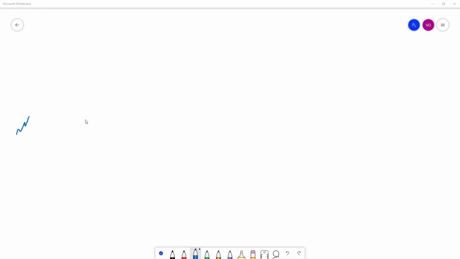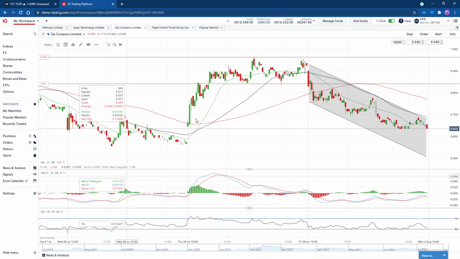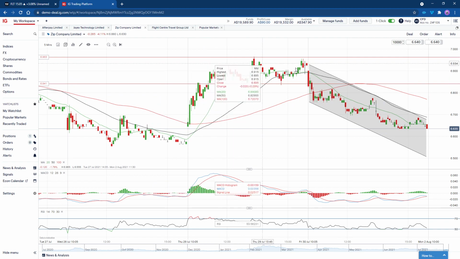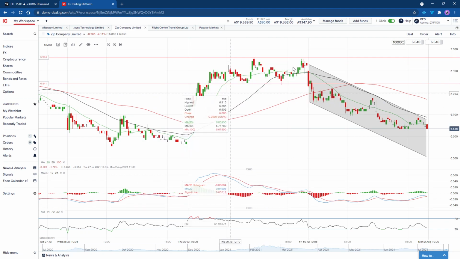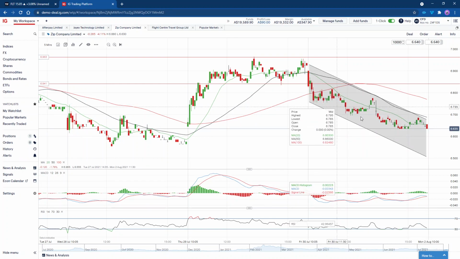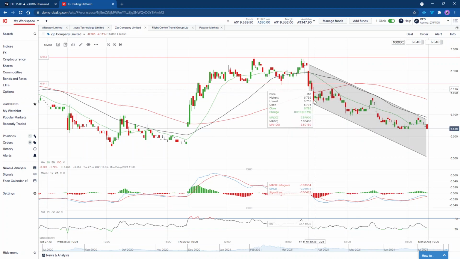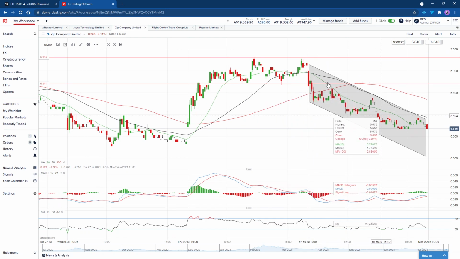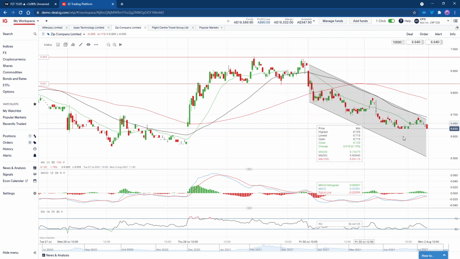For example, see how there are a few pullbacks, but overall, you can see it's going up. Just like the stream that I've shown here is a downtrend, even though it goes down, comes up a little, goes down, comes up a little, goes down, but overall the trend is down.